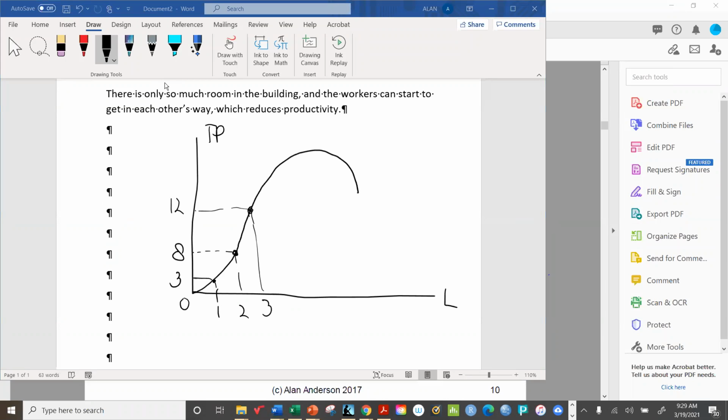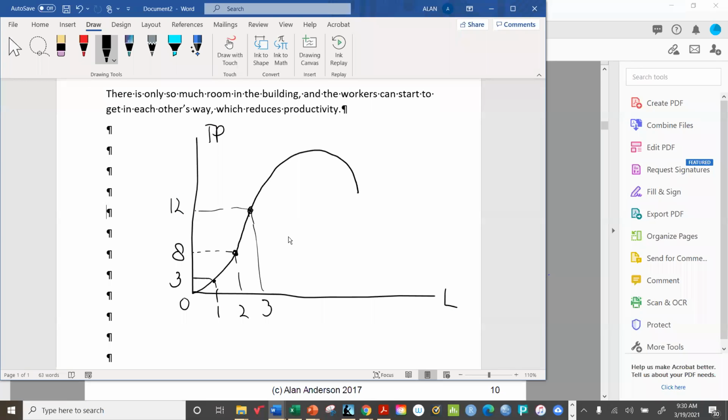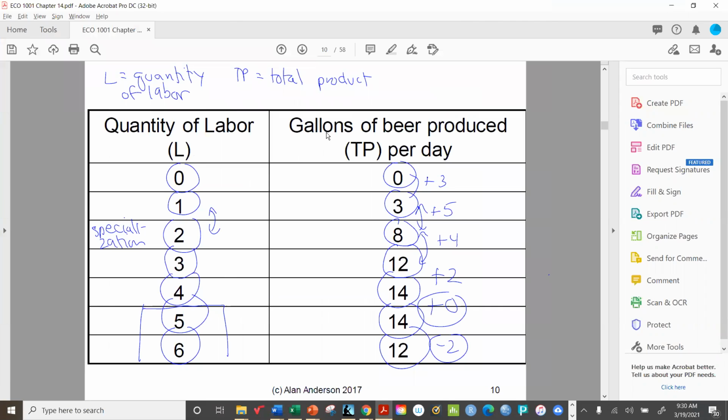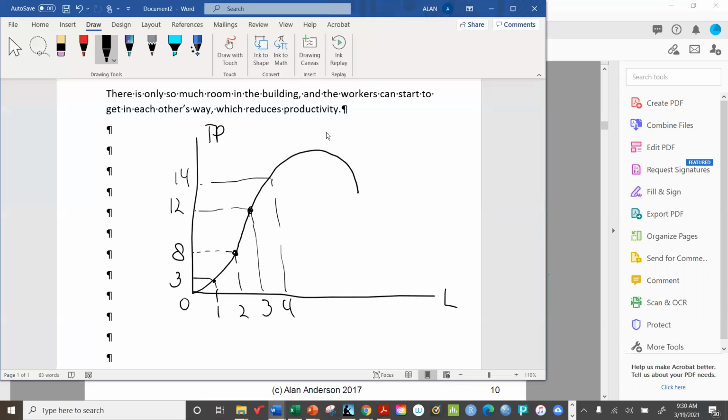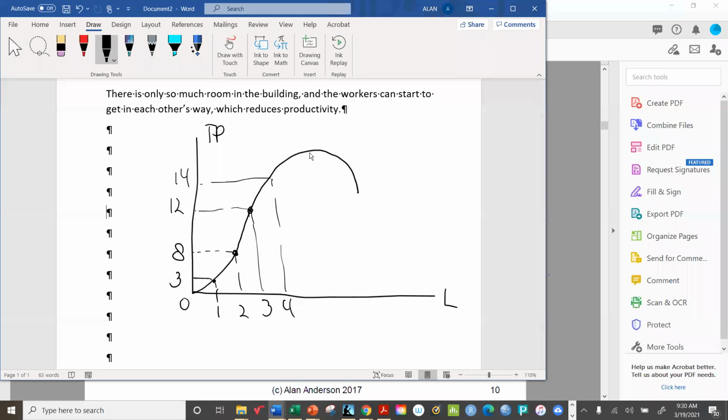Okay, then at 4, it went up to 14. And then at 5, oh, okay, so see, I didn't draw this well at all, because at 5, it stayed at 14. So I didn't do a very good job here, did I?